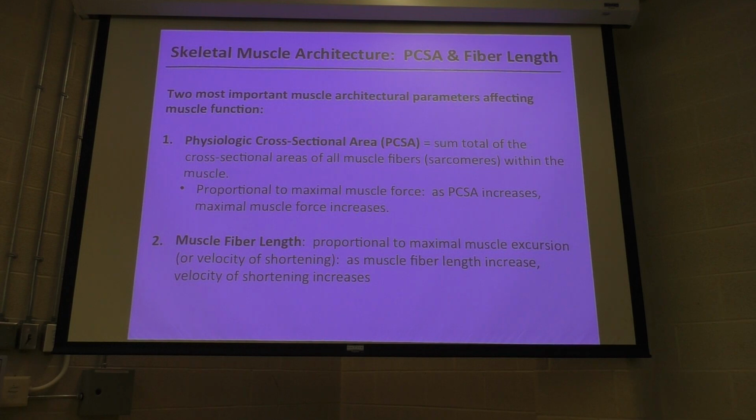But for muscles with pennation angles, is this also the cross-sectional area? No. Why? It needs to be perpendicular to the fibers. So this is where the force is, and it's not actually the true cross-sectional area.